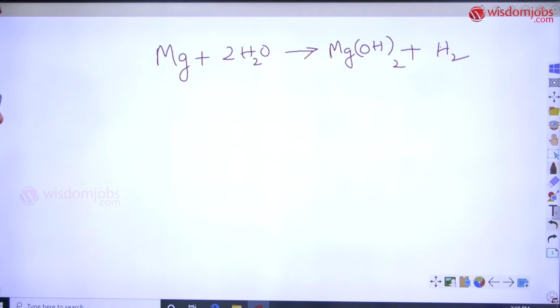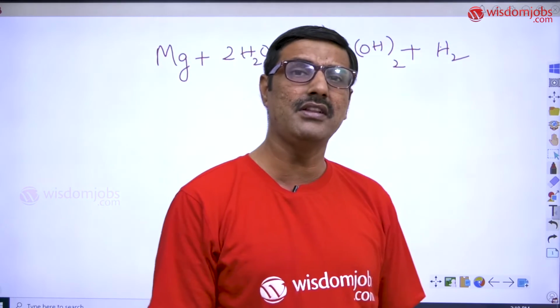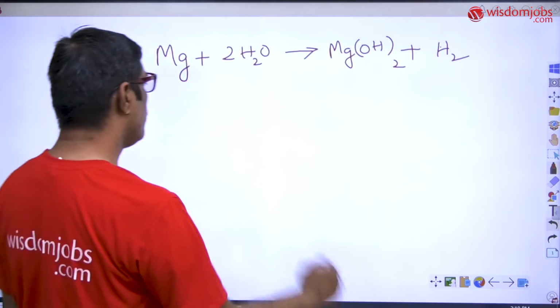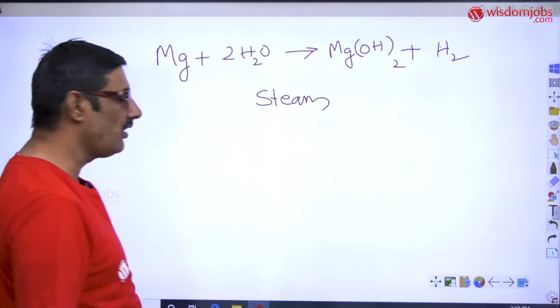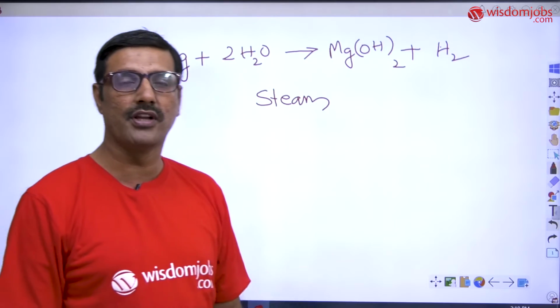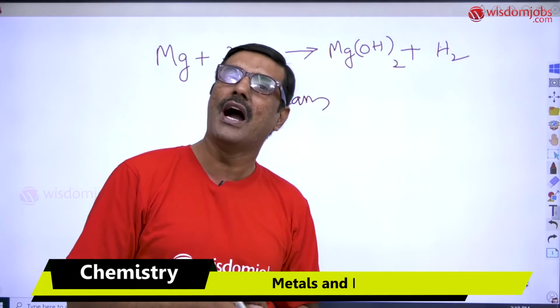And if you take iron or other metals, they slightly react with steam. So other metals than these four which I told, magnesium, calcium, potassium and sodium, react with steam to form their respective hydroxides.